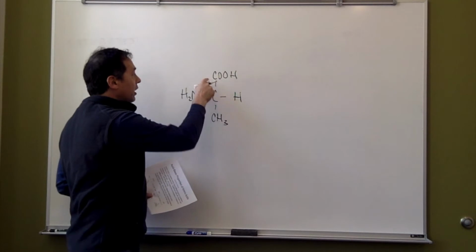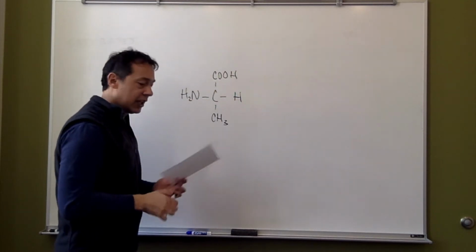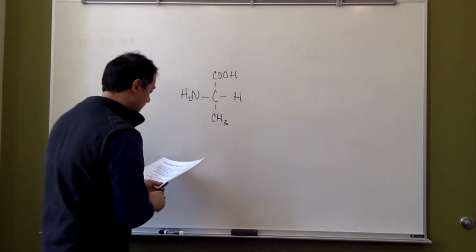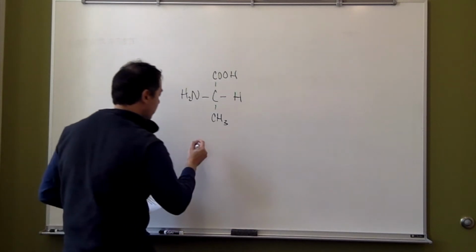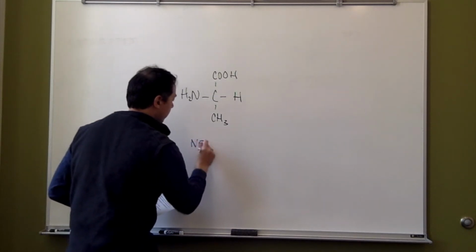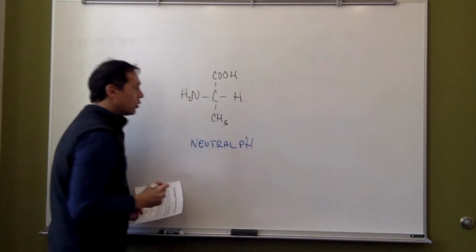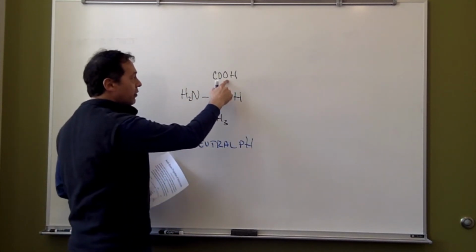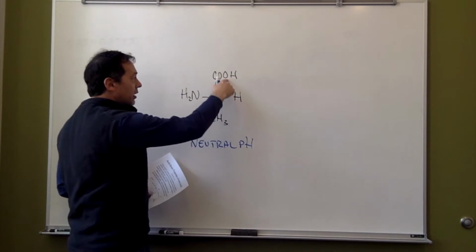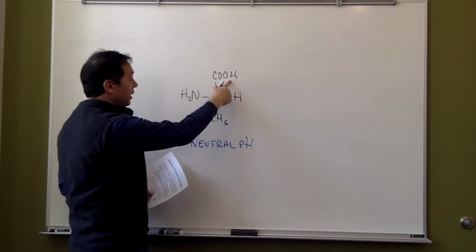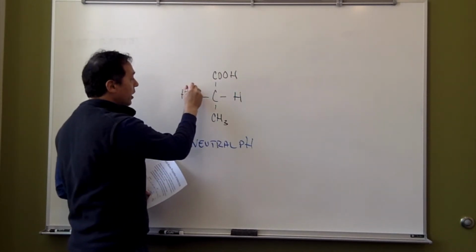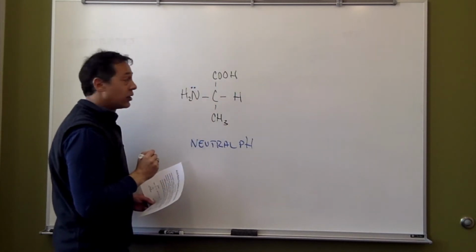Okay, now, in a neutral pH, that is to say at like a pH of 7, I'm just going to say neutral pH. At a neutral pH, this hydrogen from the carboxylic acid leaves the carboxylic acid and is attracted over to the lone pairs here on the nitrogen.